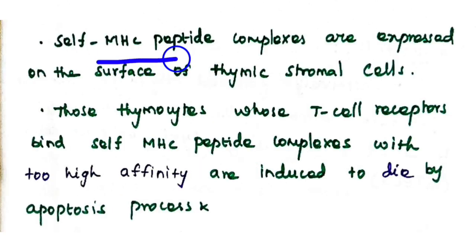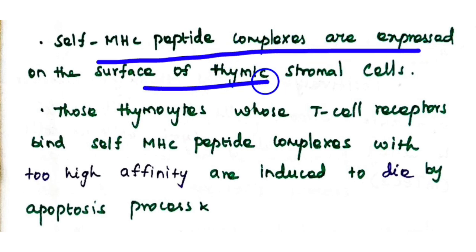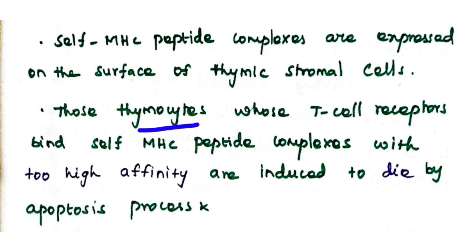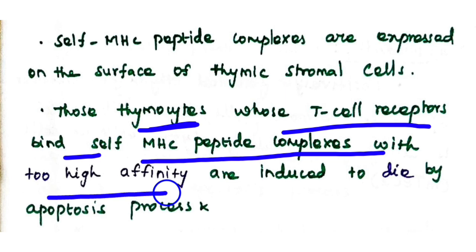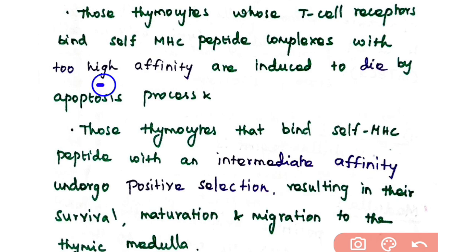These self-MHC peptide complexes are expressed on the surface of thymic stromal cells. Those thymocytes whose T cell receptors bind self-MHC peptide complex with too high affinity are induced to die by the apoptosis process. So there should not be too high affinity between your T cell receptor and self-MHC peptide complex.